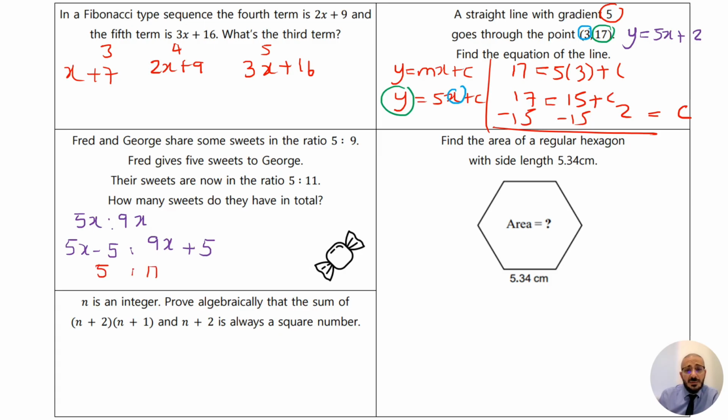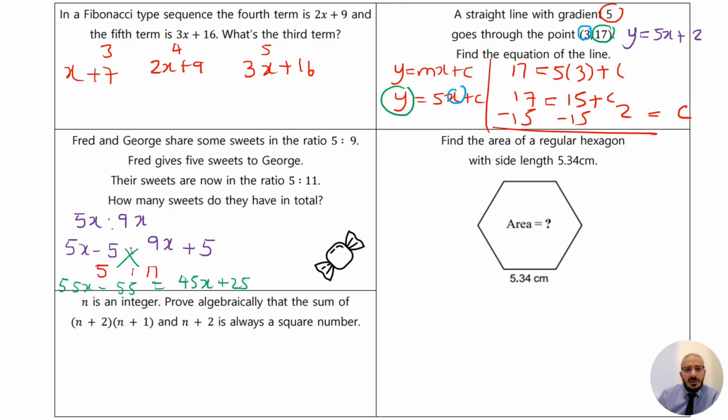So what I can do is I can do my cross multiplication from here, which would give me 55x take away 55. So I did 11 times 5, 11 times negative 5, is equal to 5 times 9x, which is 45x. And 5 times 5 is going to be 25.